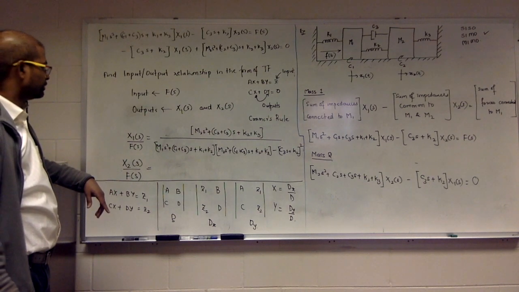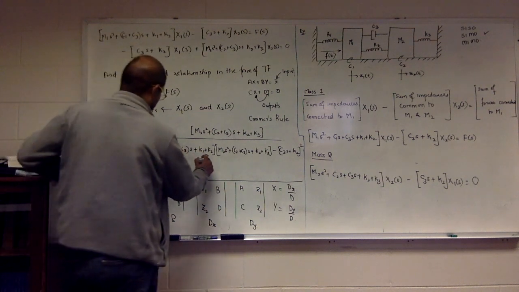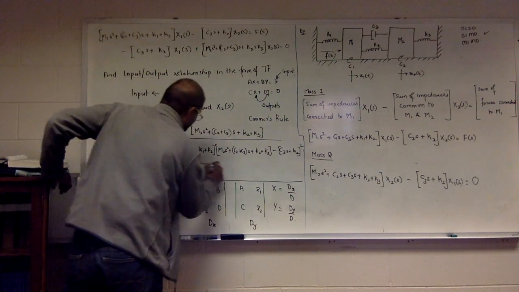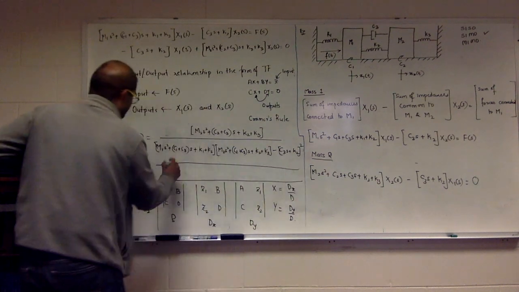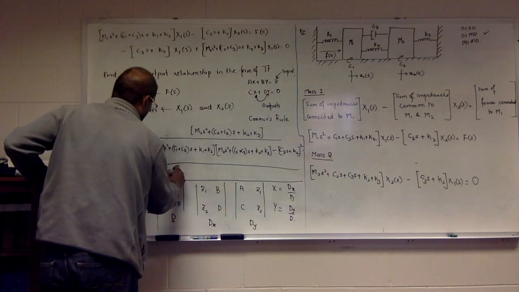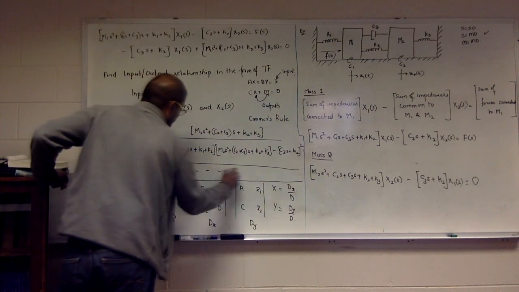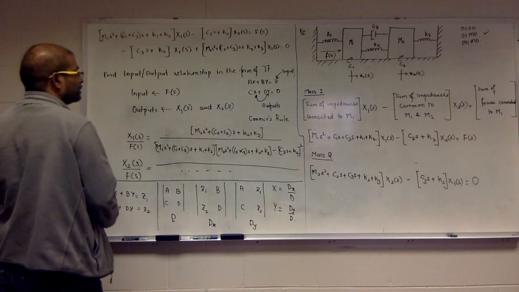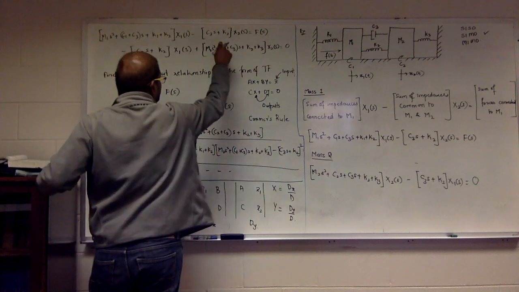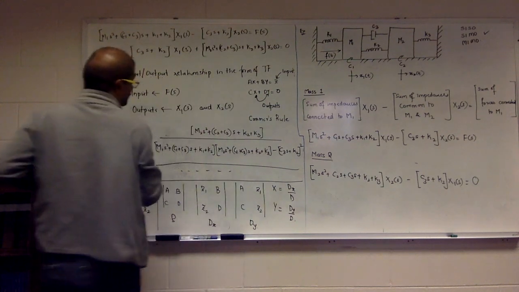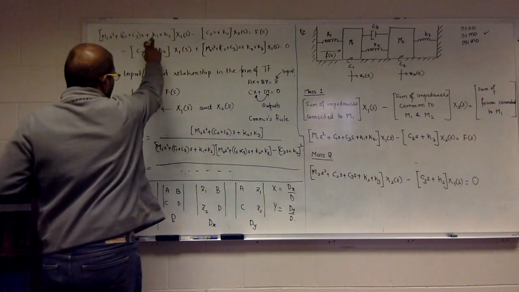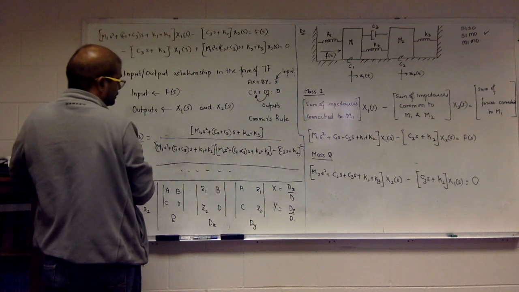Just for completeness, the denominator will be the same, exactly the same. The numerator will change. Your Z1, Z2 is here, so this is 0.